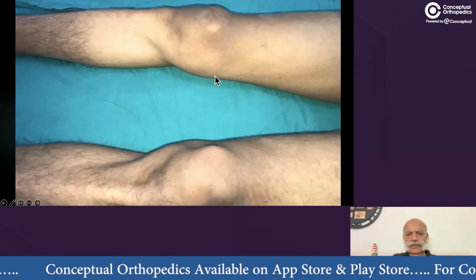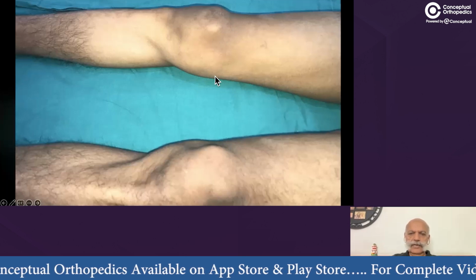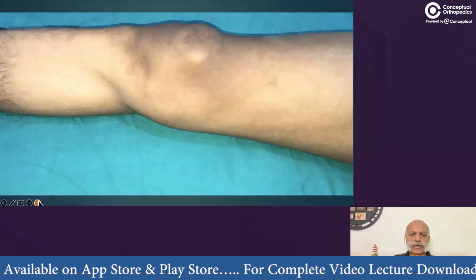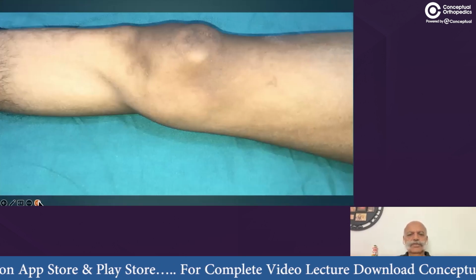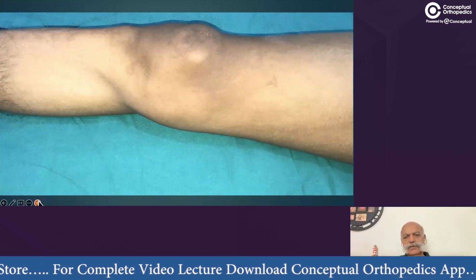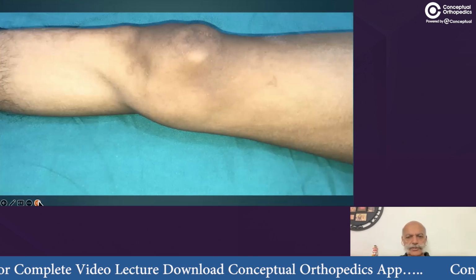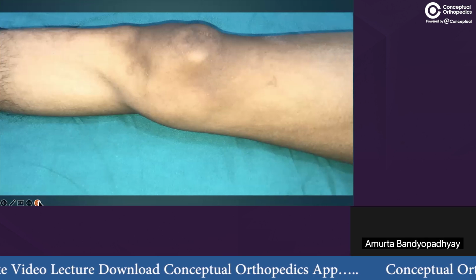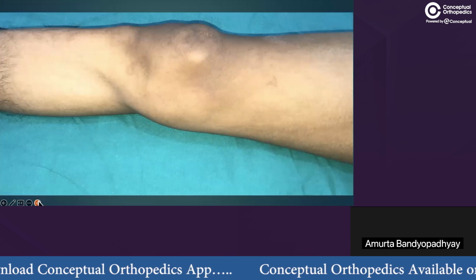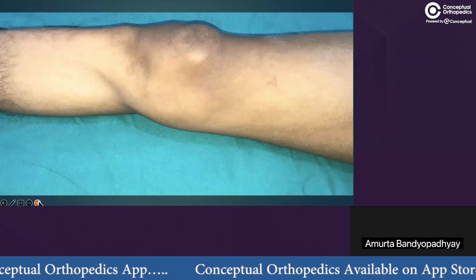This is the picture which we were showing earlier, and I will show you the isolated knee picture. Now you can tell us, Amurtha, what you find on inspection? In inspection, the swelling is in the medial aspect of the right knee.